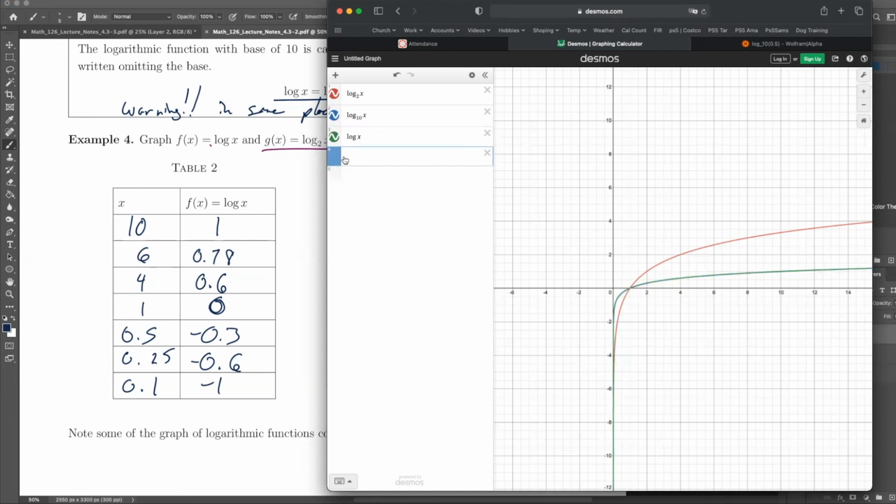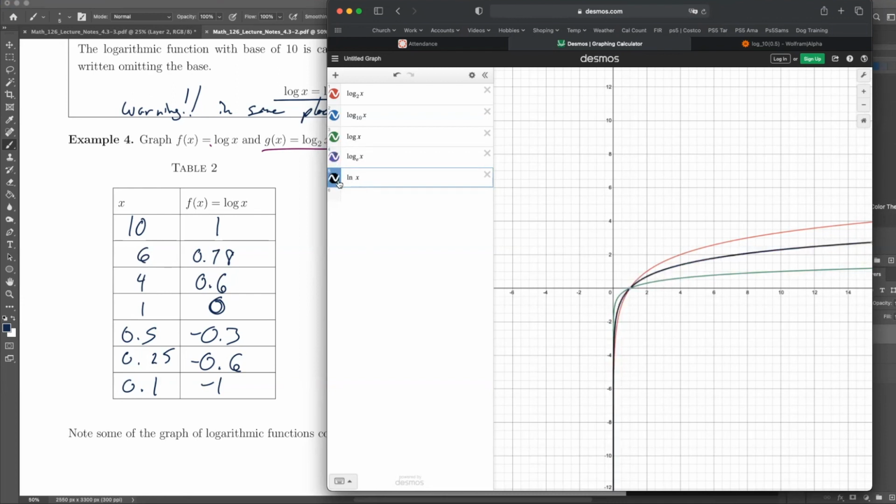And then here we can have log base e of x. Remember e is about 2.7. And so notice here it's between the 2 and this. And then here we can also check ln of x, and notice here that ln of x and log base e of x are the same thing.